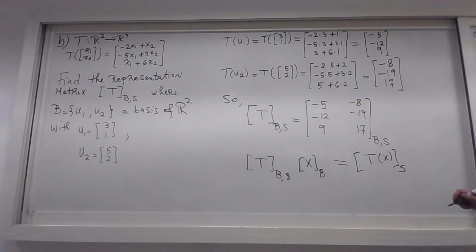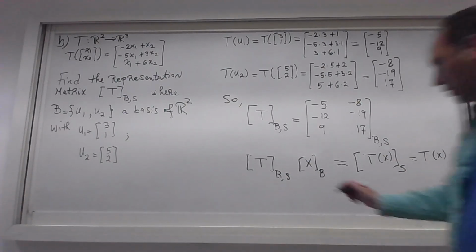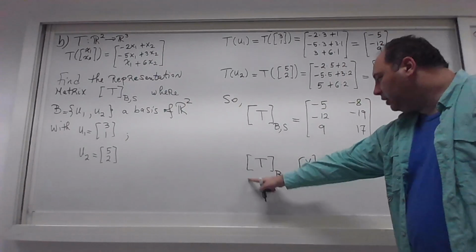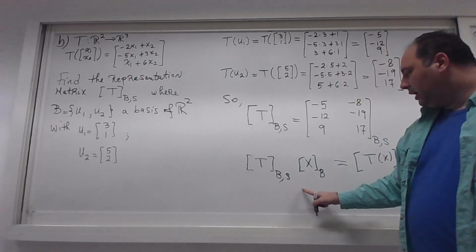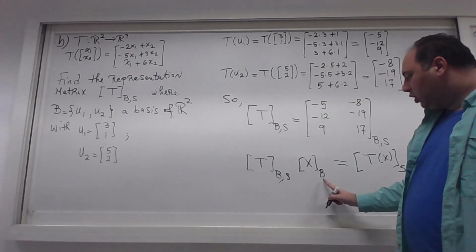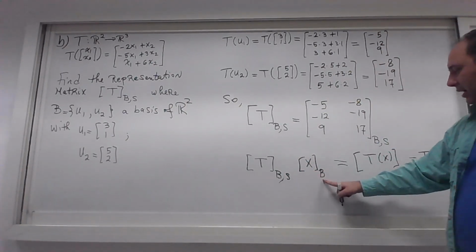Because coordinates in the standard basis are equal to the vector itself, this is what we get. So this representation matrix takes as input the coordinates of an object in basis B.